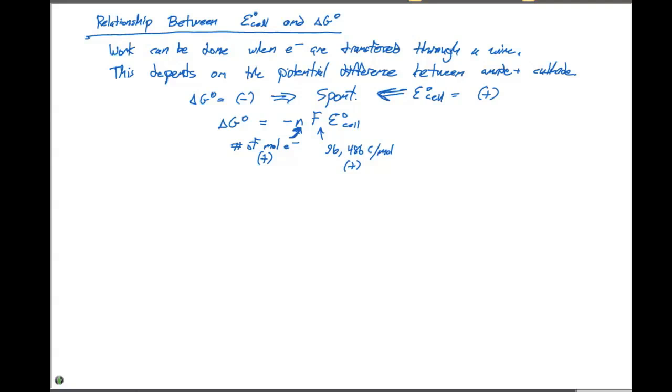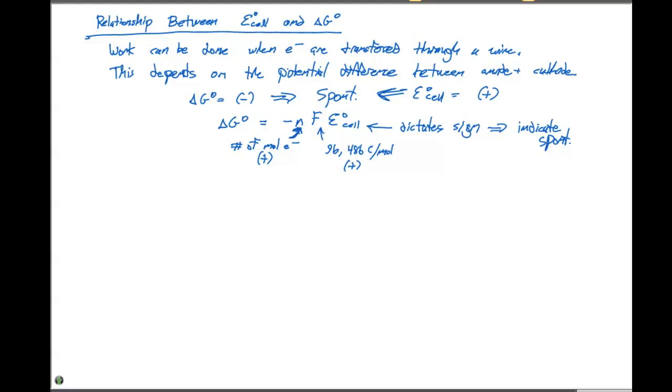If both of these are positive, the thing that dictates the sign is going to be the standard cell potential. So this is going to dictate the sign, which will indicate spontaneity. It's the standard cell potential that allows us to predict whether or not a reaction is spontaneous or non-spontaneous.